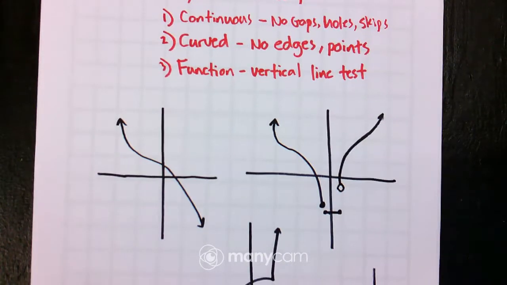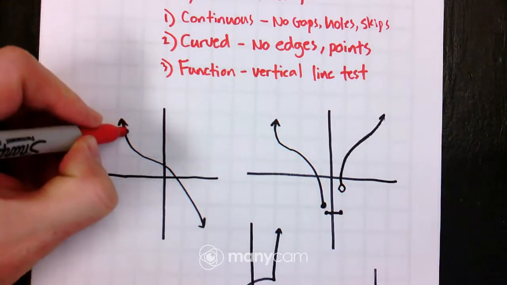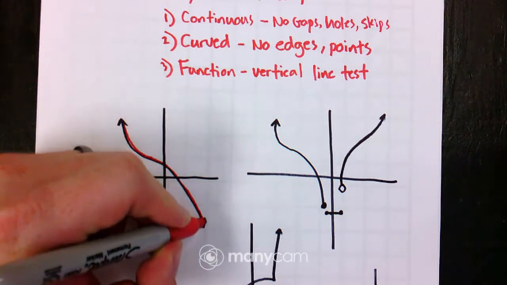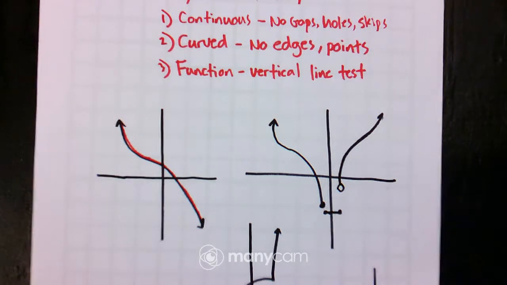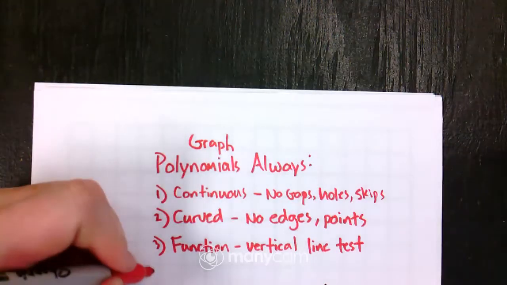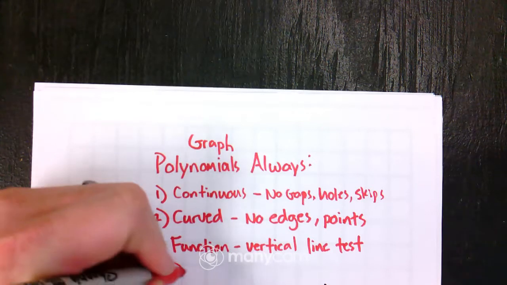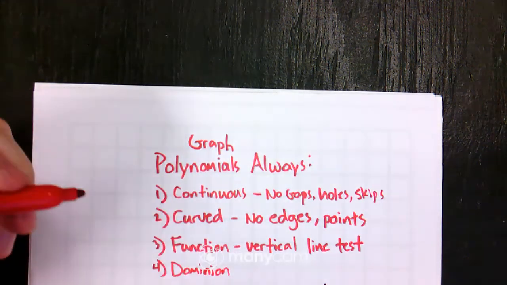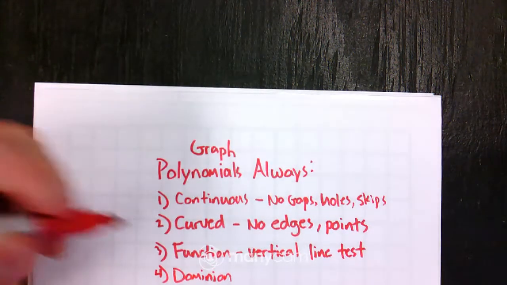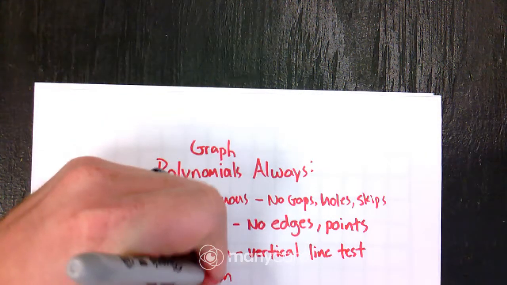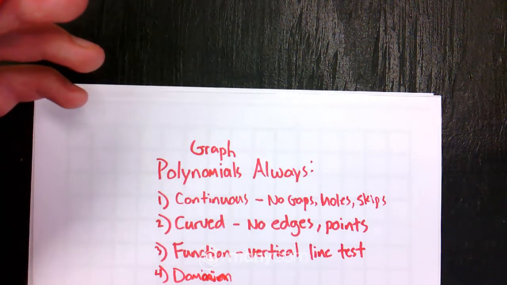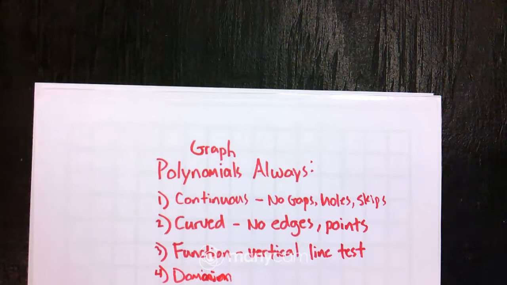Alright, here we go. This is an example of a good polynomial. It passes the vertical line test. Oh, there's one more thing I need to write down. Number four, the domain.